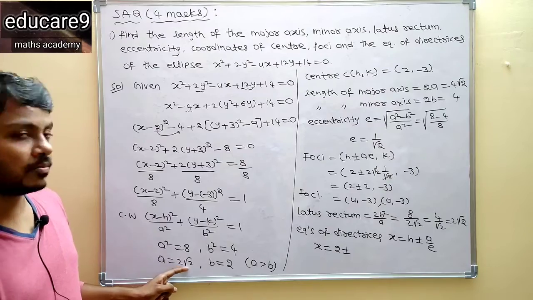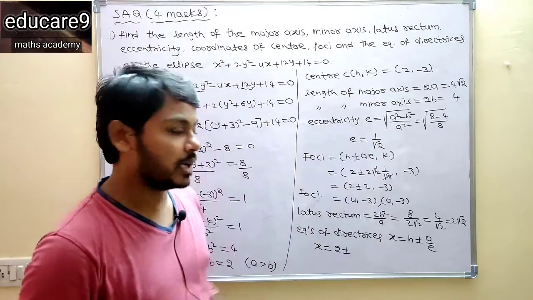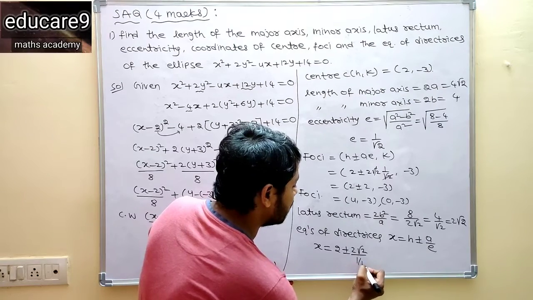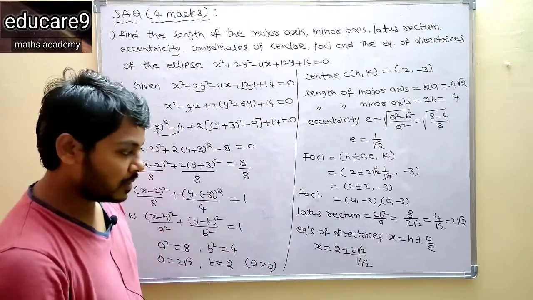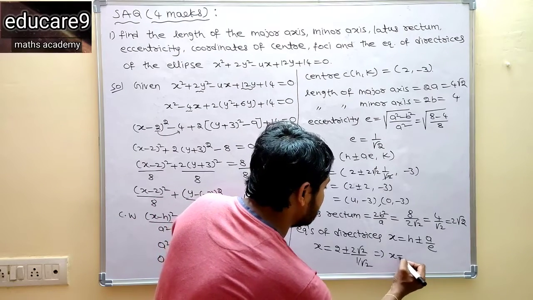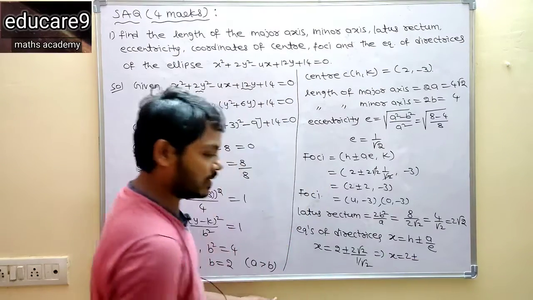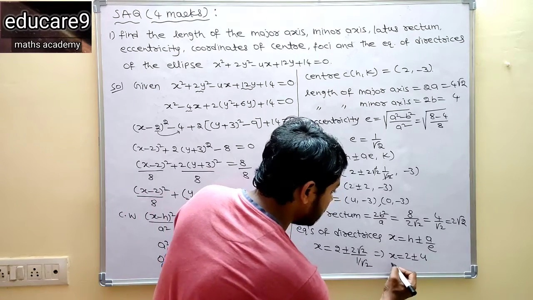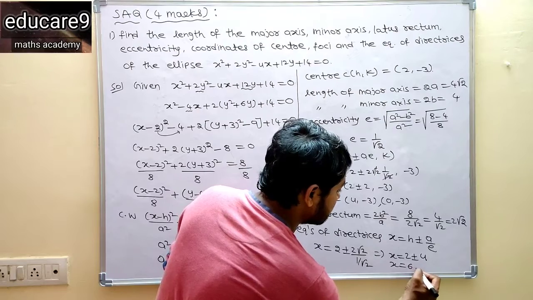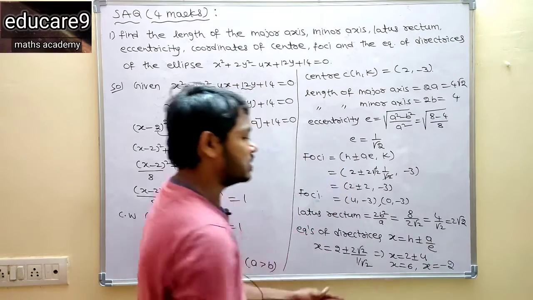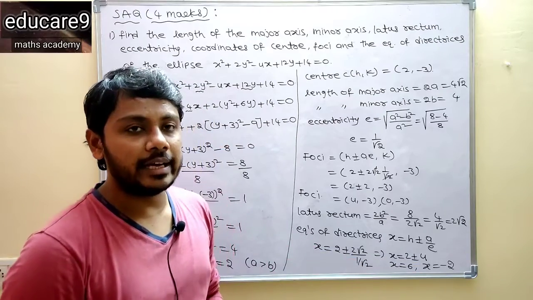A is 2 root 2, e is what? 1 by root 2. So here 2 root 2 by 1 by root 2. So you will get x is equal to 2 plus or minus 2 into 2. You will get 4. So x is equal to 6 and x is equal to minus 2. So these are the equations of directrix.